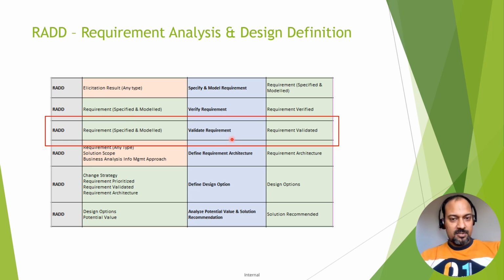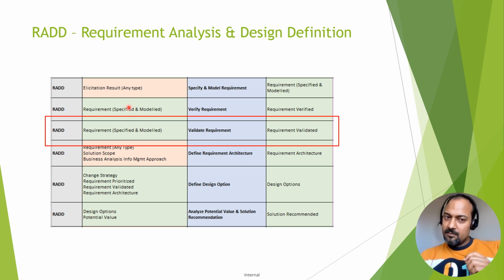But the question could arise: why did validation of the requirements not happen earlier than verify requirements? Understand it this way: verification is the internal process where the business analyst, along with the testing team or the development team, verifies and does the business acceptance testing of the requirements and the designs. Once that is done, it happens with the customer, what we generally call user acceptance testing, where the user validates those requirements against the acceptance criteria or the business need.